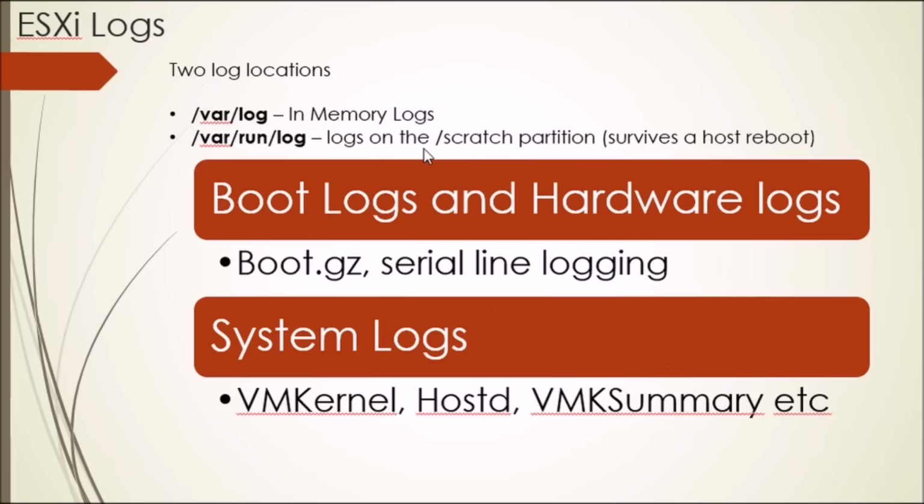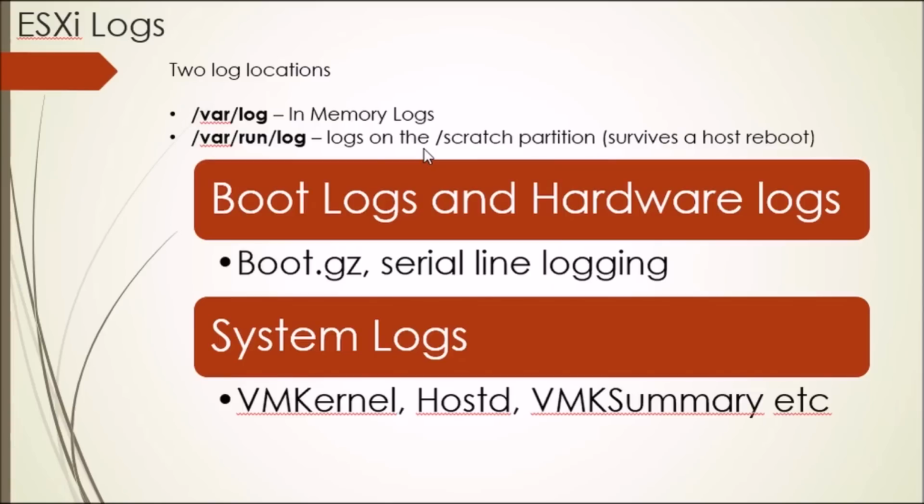So these are overall the kinds of logging that the ESXi does. Coming to the ESXi log location, there are two log locations which ESXi logs into by default. One is /var/log. The /var/log is the in-memory logs of the ESXi. Those logs tend to get lost if you do a system reboot.